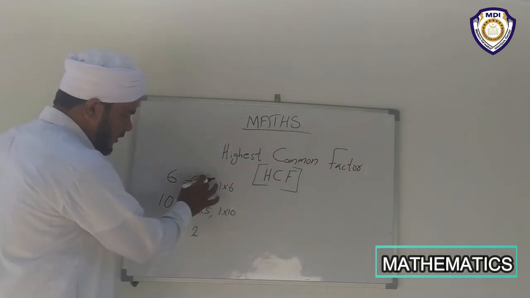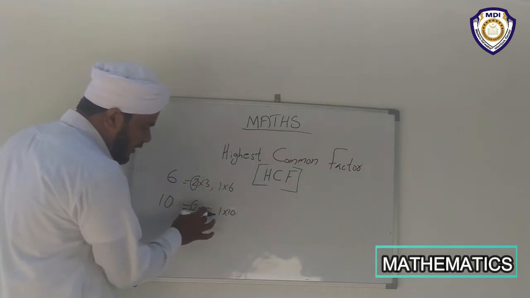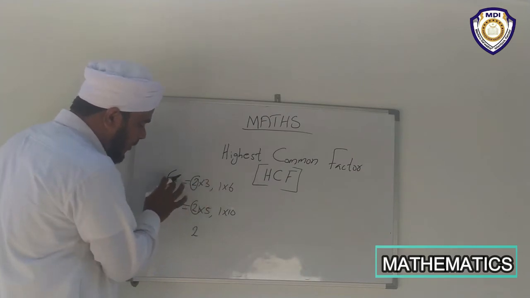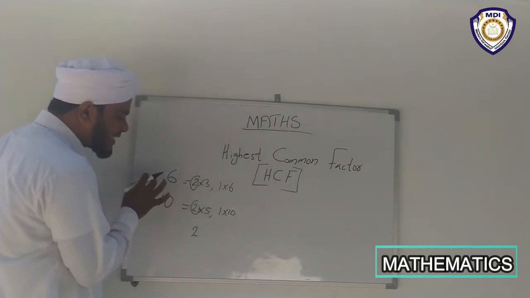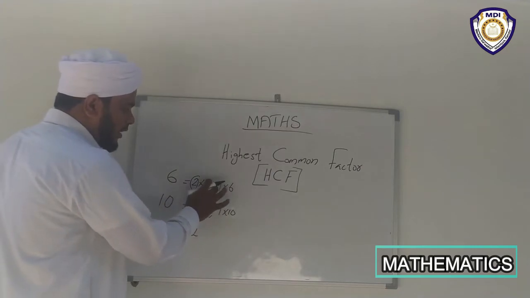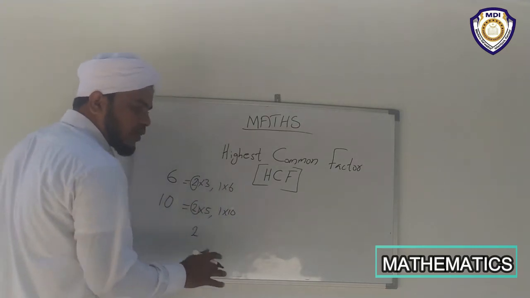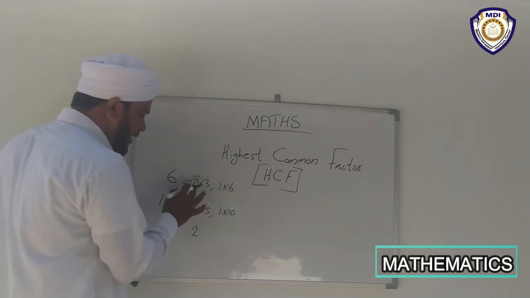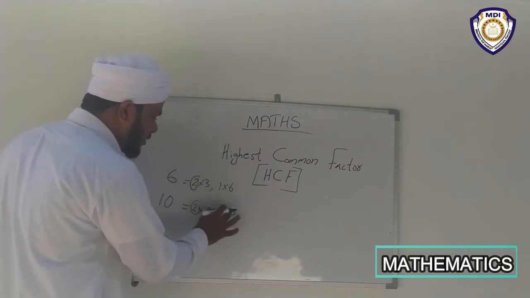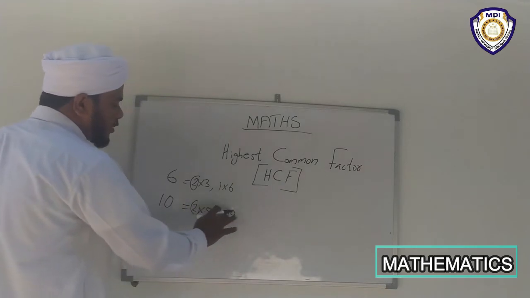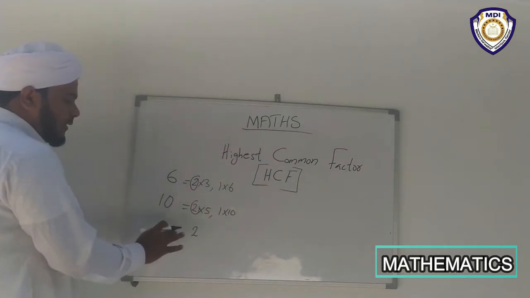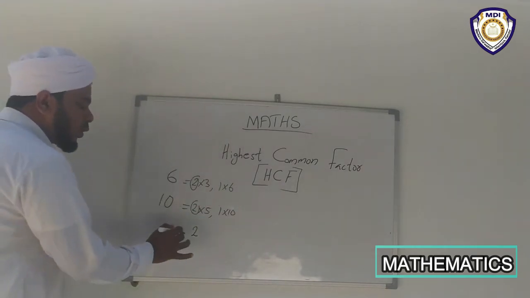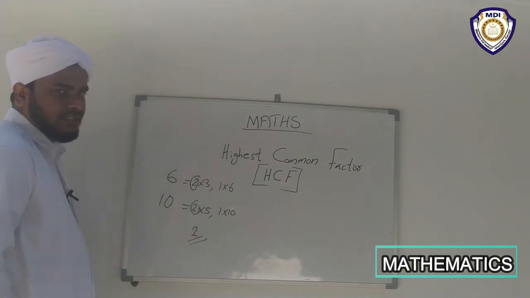Here there is 3, but 3 is not a common factor in the case of 6 and 10. And 1 is already a common factor of every number, so we don't consider it. There is no 6 in the factors of 10, so only one common factor is here.